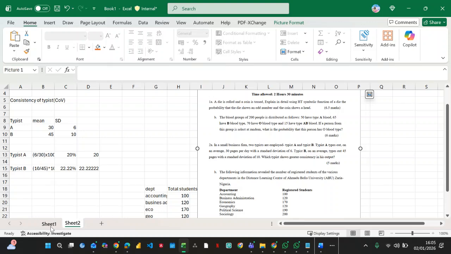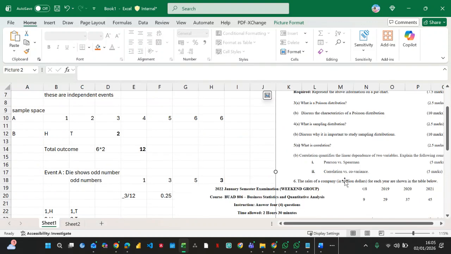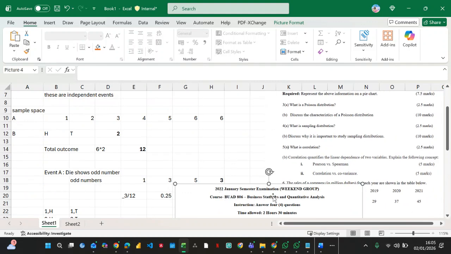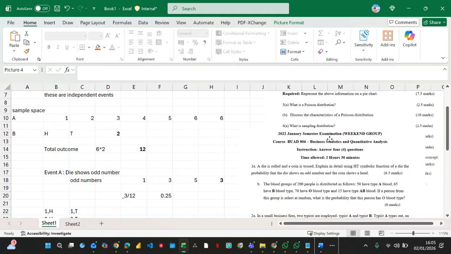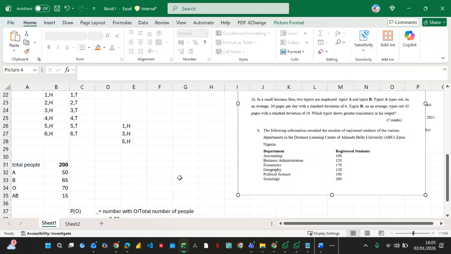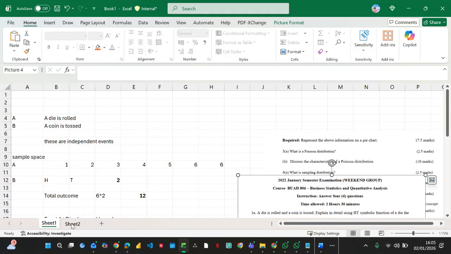Let me just get the formula and paste it.